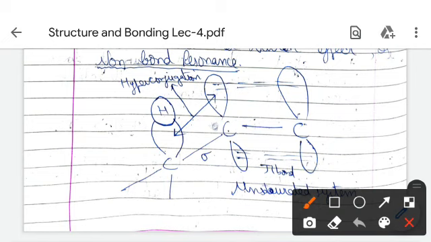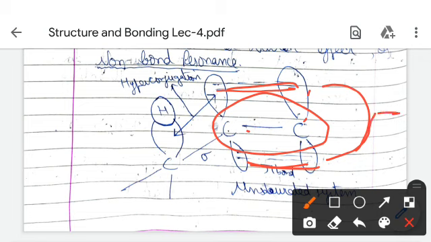In this, carbon-carbon double bond is shown, that is carbon single bond, and the double bond is shown by this sidewise overlapping. These orbitals are pi orbitals, and these orbitals overlap with this sigma electrons.